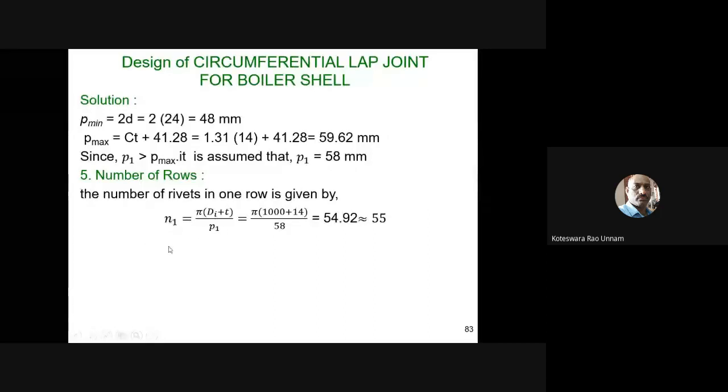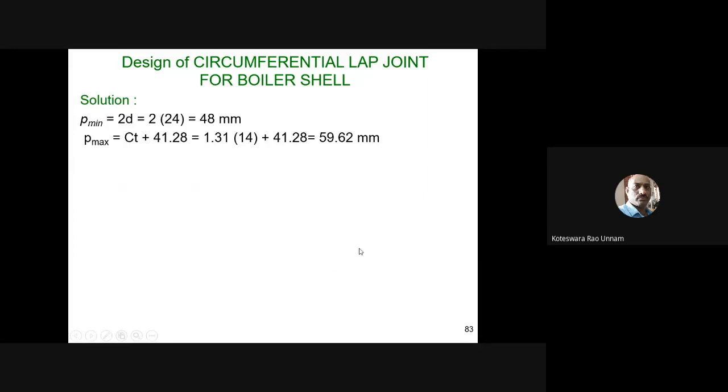Then I'll get the number of rivets. If I calculate this, with the pitch as 58, the thickness we calculated as 14 and di given as 1 meter, nothing but 1000 mm, it comes out as 55. So the number of rivets in one row is 55.